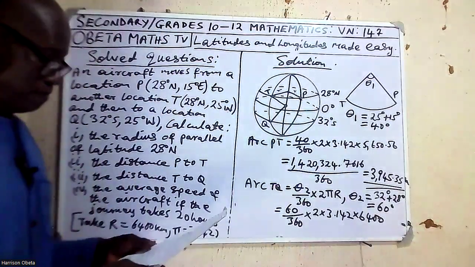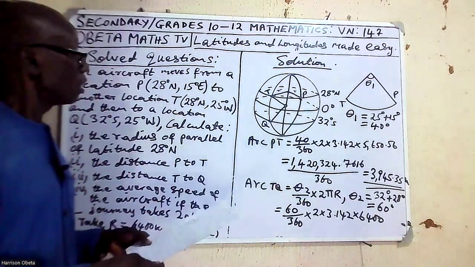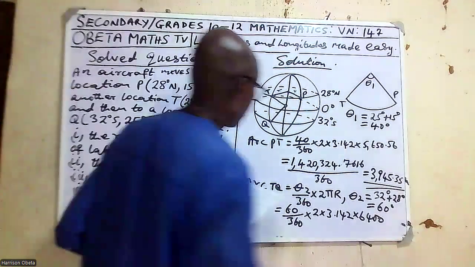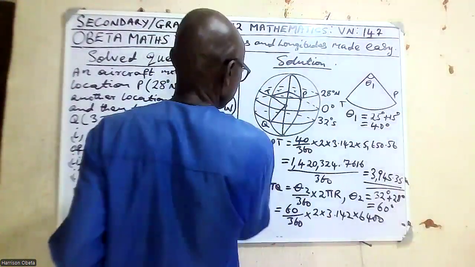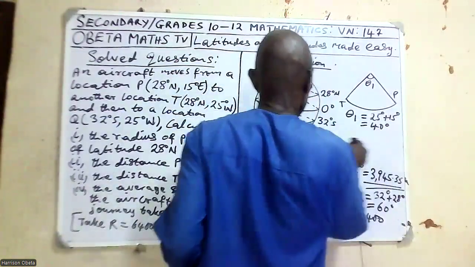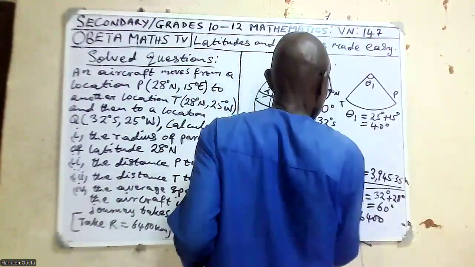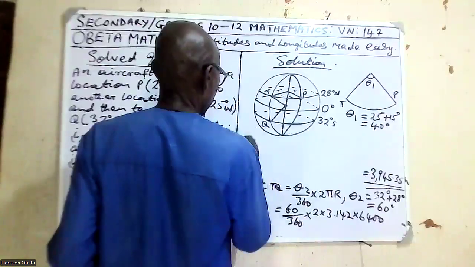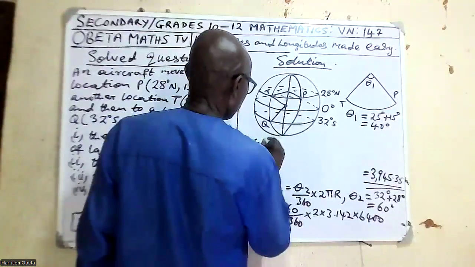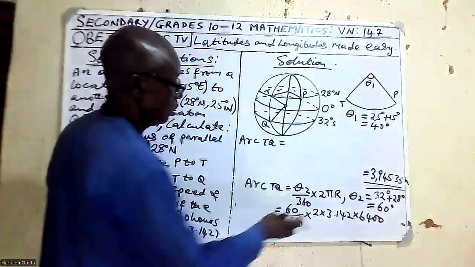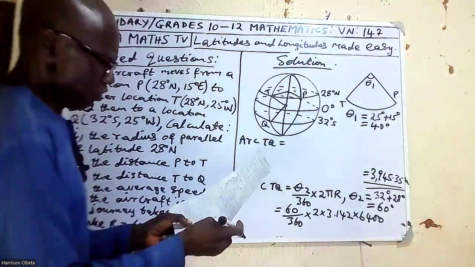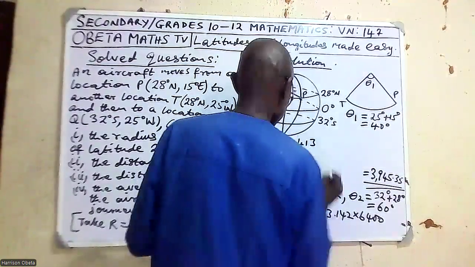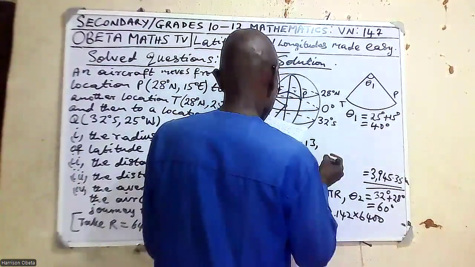Then you carry out the multiplication, and we arrive at arc TQ equal to, you multiply all this, and that will give us 2413,056.